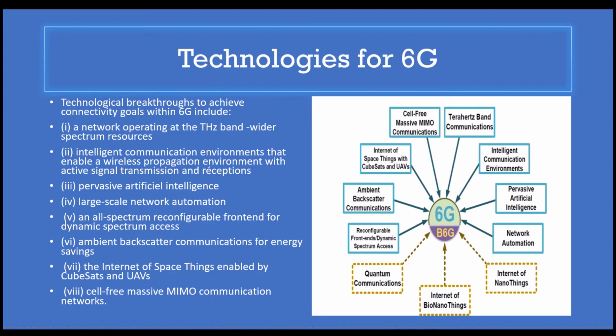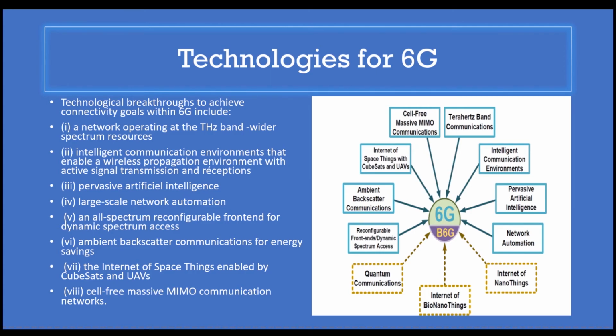The sixth element is ambient backscattering communications. It tries to utilize the available radio spectrum energy to make a secondary communication link without any additional power spent on communications.